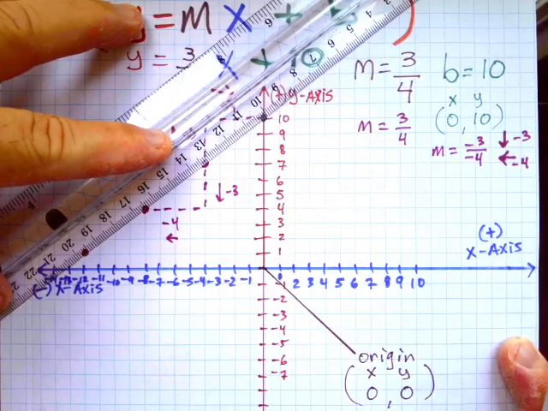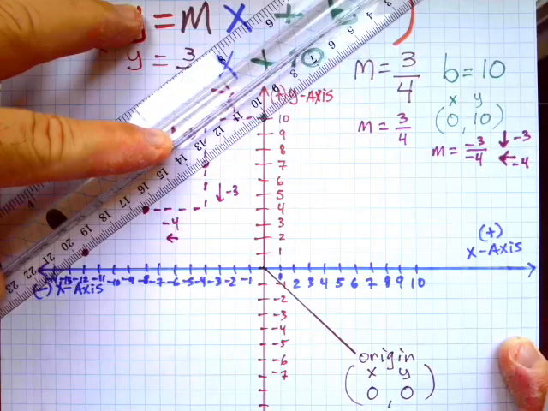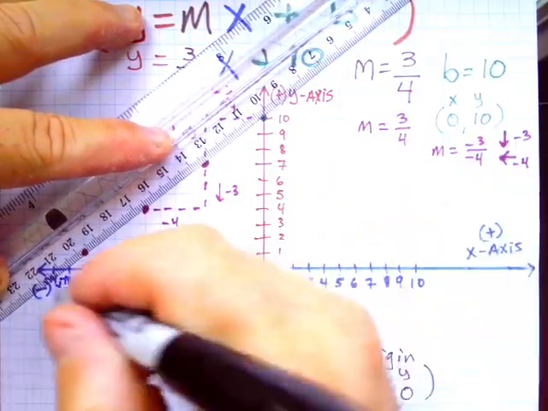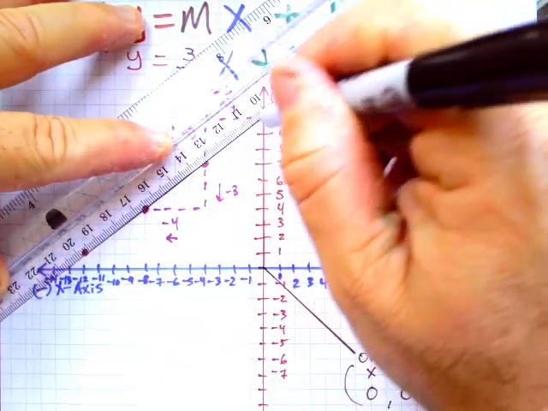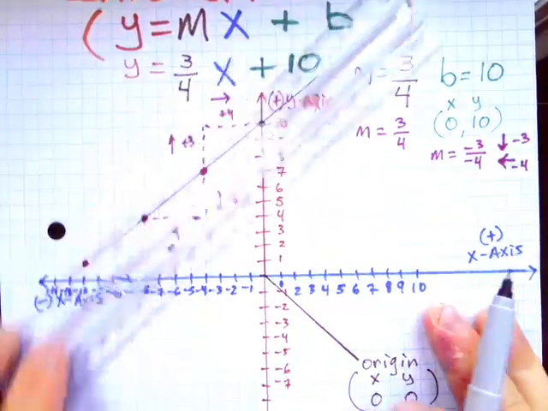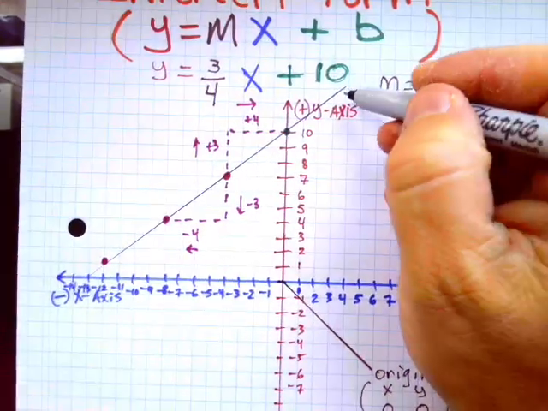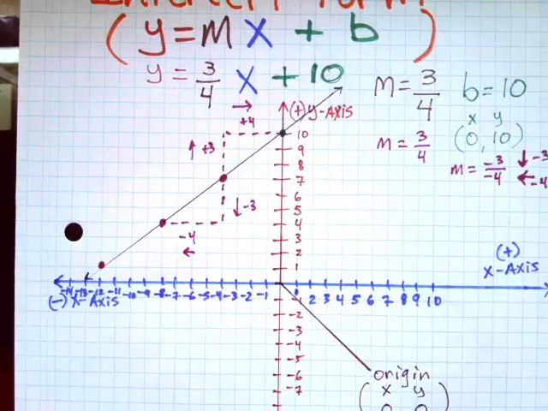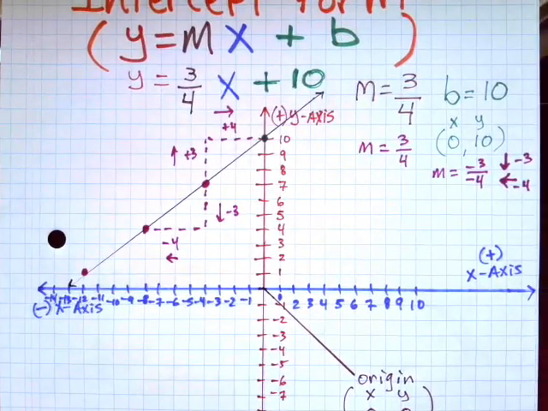It may not be perfect, but it will be good enough. You can see this line goes on forever and ever. Not quite perfect, but I think you understand the point.